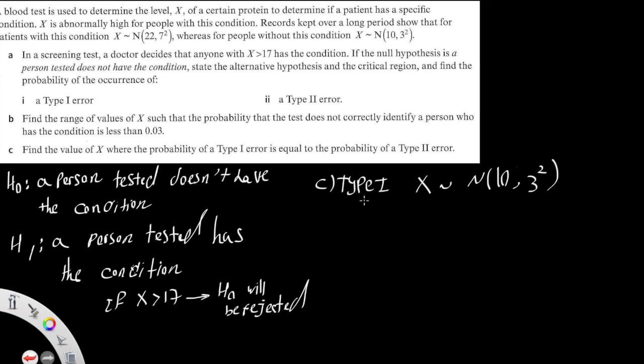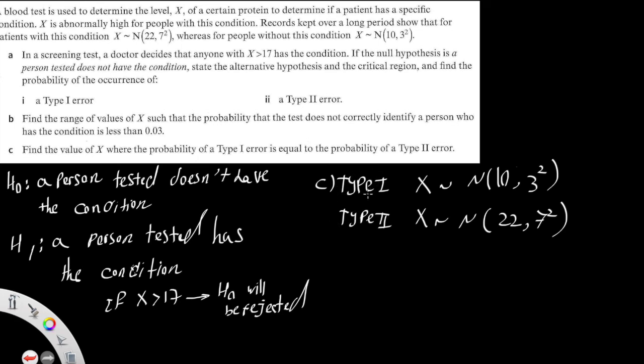And for type 2 error, H1 is true, so it will have normal distribution with 22 and 7 squared.